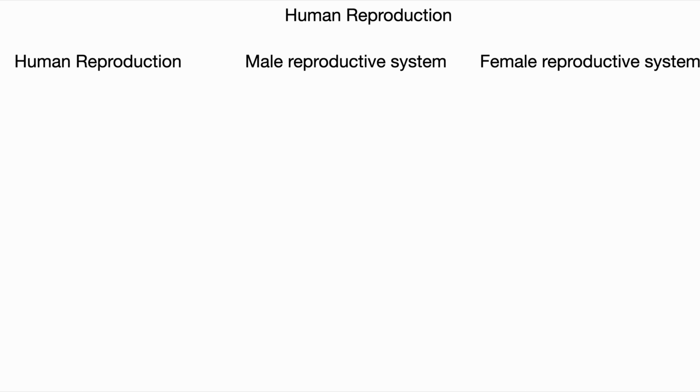Now we will see about mammary glands. Both males and females have mammary glands, but female mammary glands are functional, that is, they secrete milk. This is true in all female mammals. They are paired structures, that is, they are two in number.